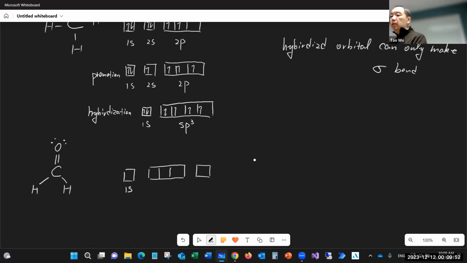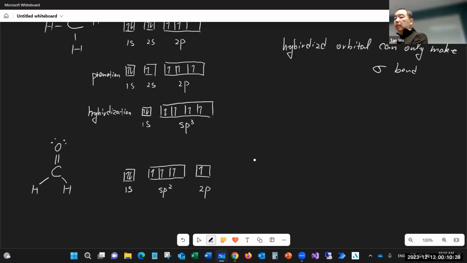So in this case, we still have 1s and 3 of the 2p, but right now we leave the 1s alone and hybridize the 2s orbital and two of the p orbitals together, making sp2 hybridization. That means one s and two of the p, and we leave the other p out, right?